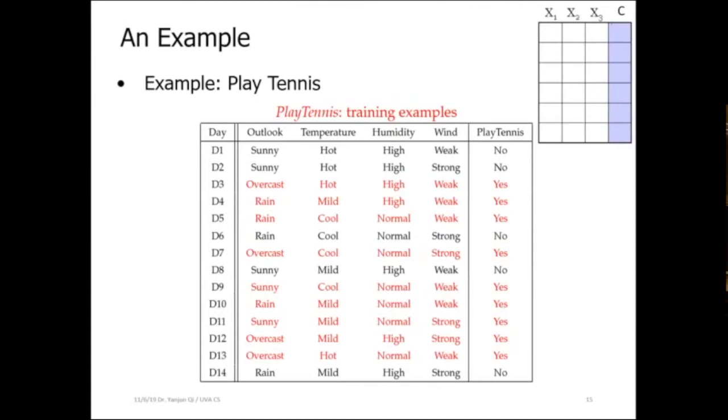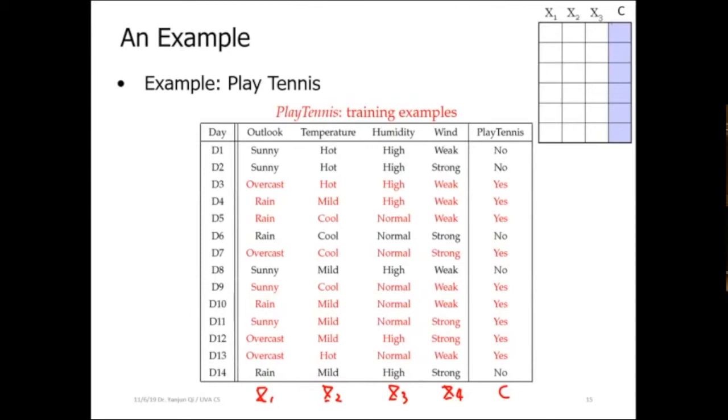Assuming all the variables are Bernoulli-type discrete variables, this is my x1 variable, x2, x3, x4, and C. The important idea of the Bayes classifier is that every feature variable and also the output variable is a random variable.